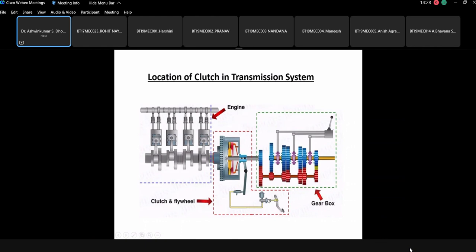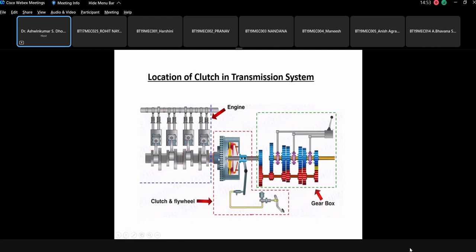Here the tank is shown, which means the clutch operation is done by hydraulic means. When you press the clutch pedal, the clutch gets disengaged. The green box is the gearbox of the vehicle. So this is how the clutch is connected.